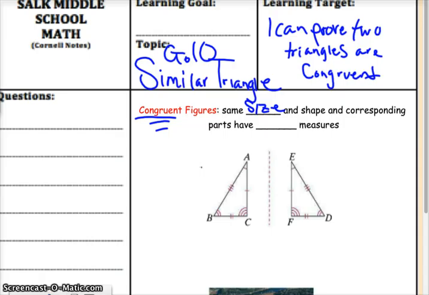Similar means they're proportional. Congruent means same. Congruent figures have the same size and shape, and corresponding parts have the same measure. And that's what you were applying today with your IXL. You were using congruency and knowing that they have congruent measures to solve for an unknown.